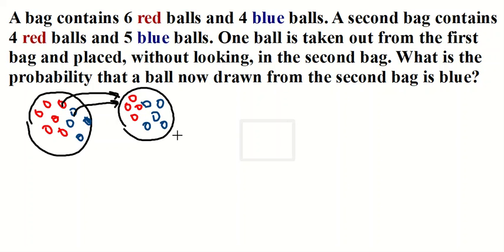This is a question of conditional probability in which we are selecting a ball from the second bag given that any red or blue ball is already being selected from the first bag. So we'll just multiply these two probabilities in order to get an answer for this question. In order to solve this question with a little bit more clarity, we can make a tree diagram of this question.